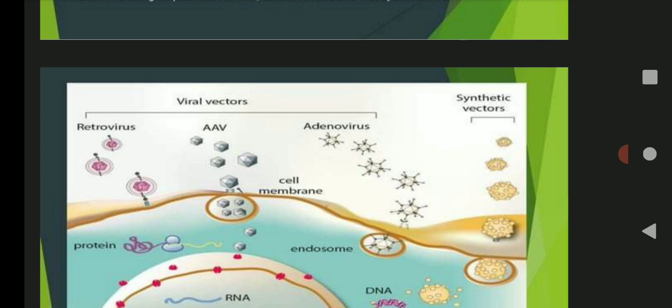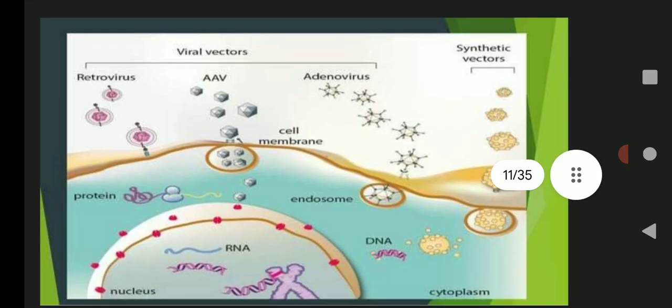That endosome then releases the gene of interest into the cytoplasm as well as the nucleus. Further, we mimic the property of natural viruses like retroviruses, adenovirus, and adeno-associated virus, whereby we take only the packaging proteins and pack our gene of interest artificially for the endocytotic mechanism. These are the synthetic vectors prepared.